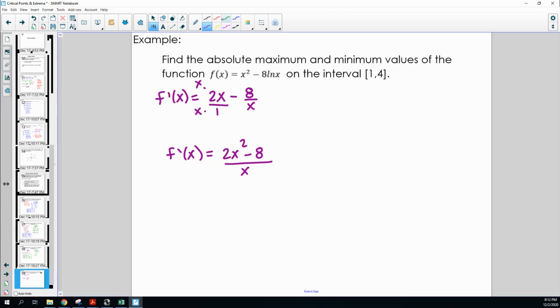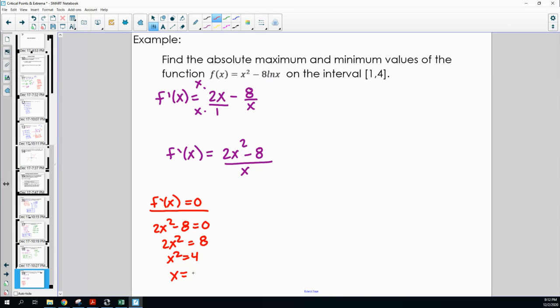So we have a fraction, so that means that we have to set the top to 0 for where the derivative is 0, and set the bottom to 0 for where the derivative does not exist. So I'm going to say f prime of x equals 0, and that's where 2x squared minus 8 is equal to 0. So 2x squared is equal to 8. x squared is equal to 4.